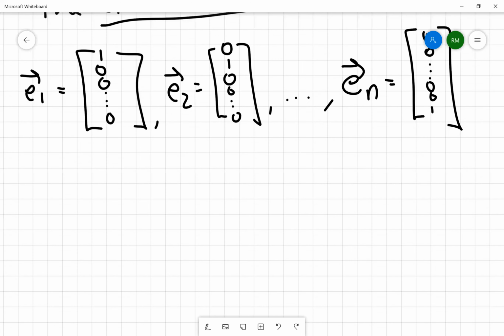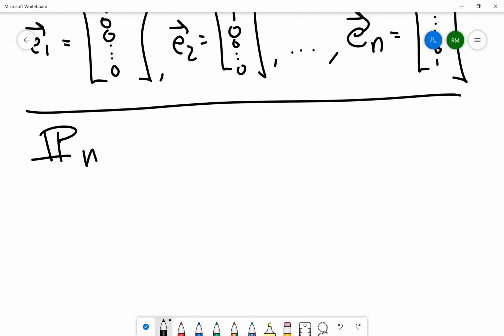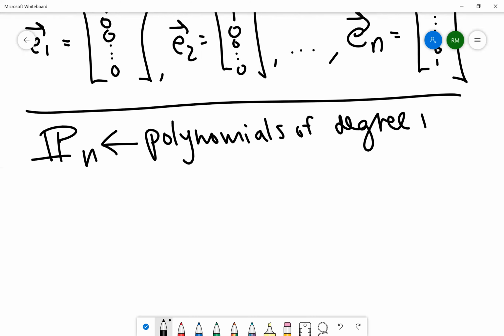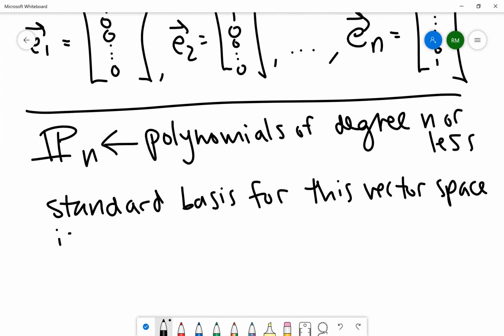Okay? And there's another vector space that we've been dealing with, Pn, which is the polynomials of degree n or less. And the standard basis for this vector space is the following.